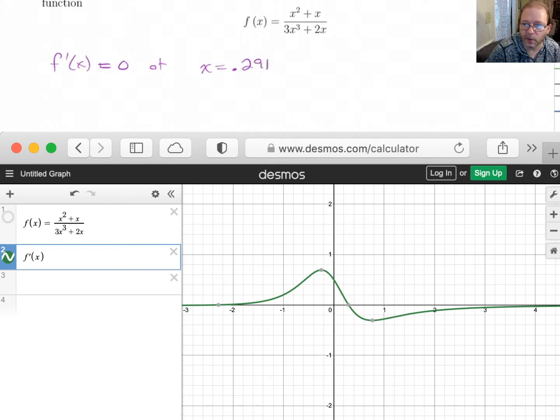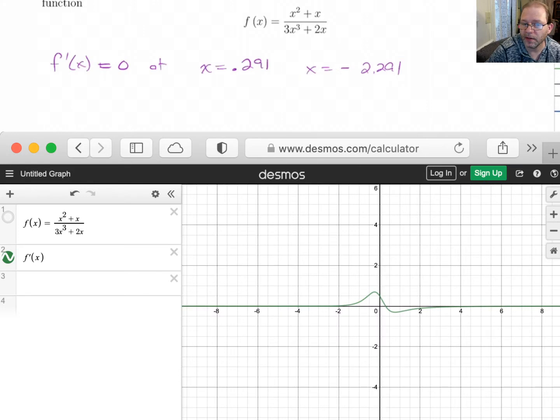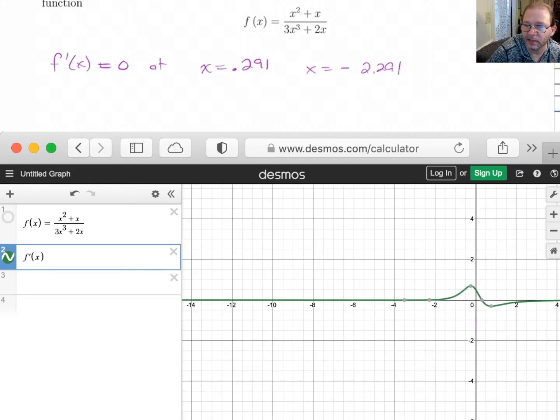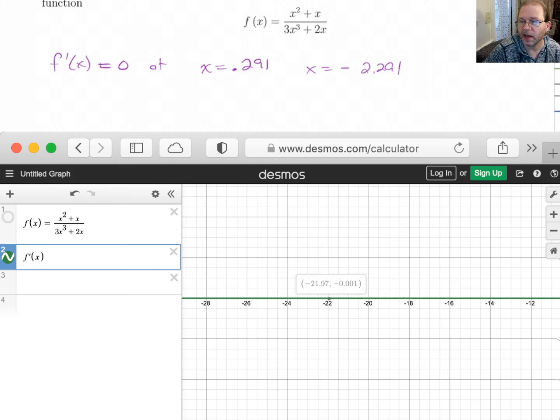And let's see, is there anywhere else? It looks like back here. Yeah, x equals negative 2.291. Is there anywhere else? I don't think so. It looks like it has an asymptote. Yeah, it looks like this is an asymptote where it's approaching 0, but if I come over far enough, I could probably make it say 0, but that's from round-off error.